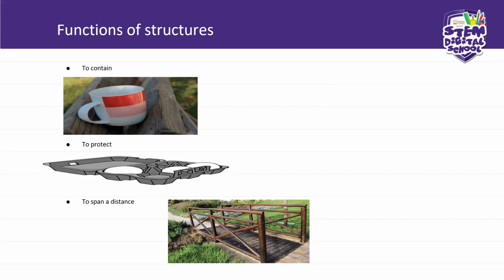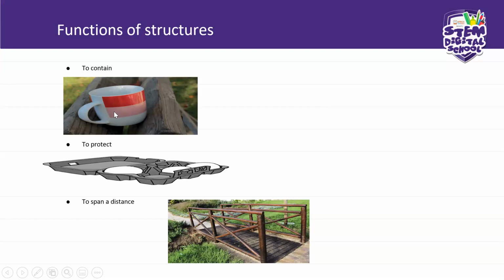I need to have containers for orange juice, maybe a 1 liter container, 3 liters, 5 liters to sell the juice with. Okay, so structures, they function to contain. The functions of structures will be to contain. Please remember this for your assessment. That's why I brought it in today.